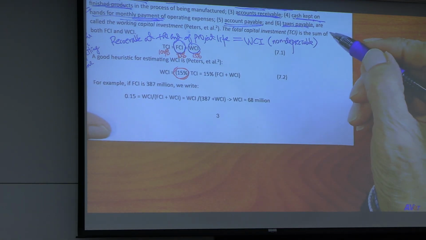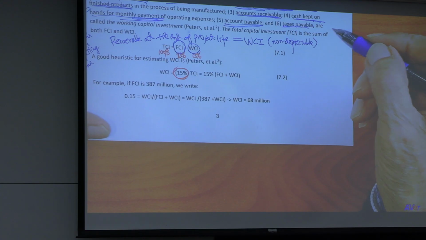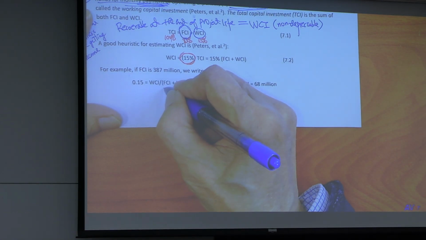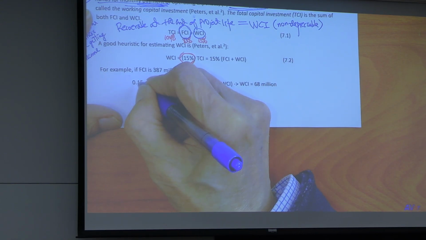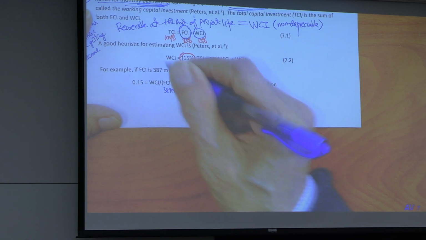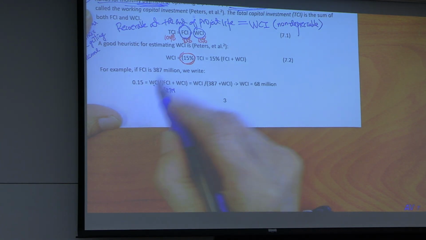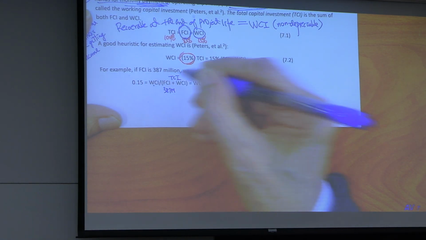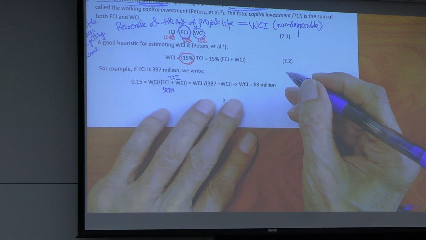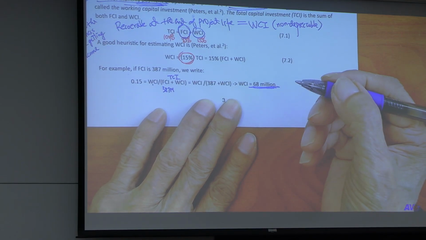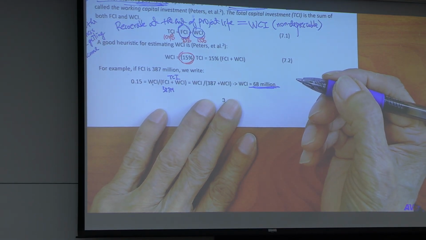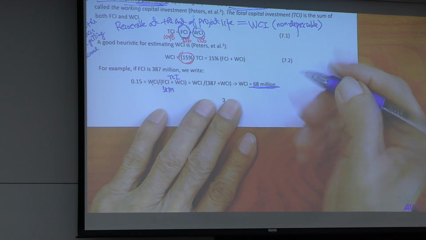Very important heuristic. Example, if TCI is 387 million, WCI is 15% of TCI. You find out WCI is 68 million.